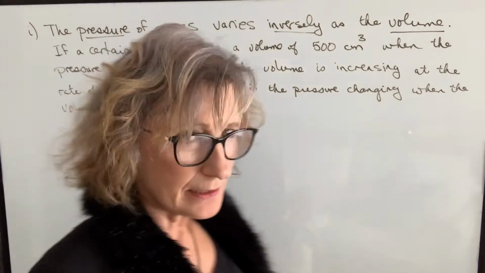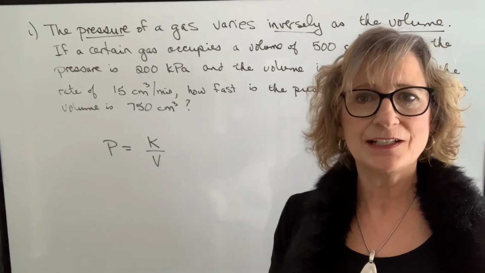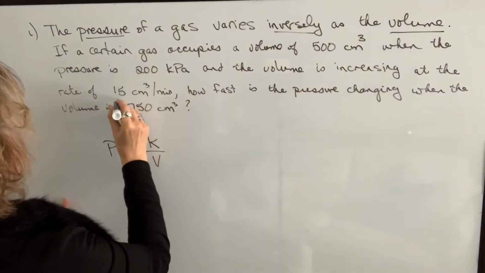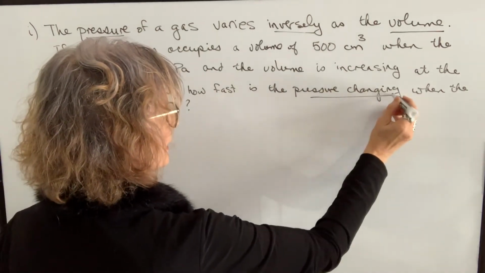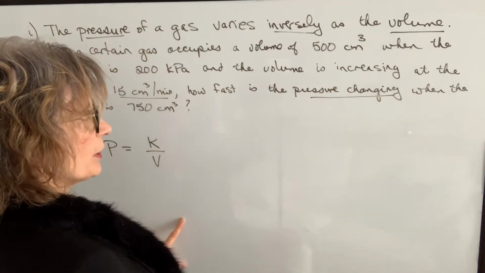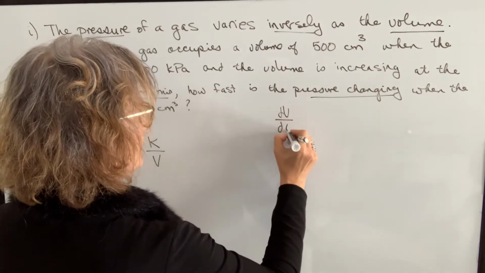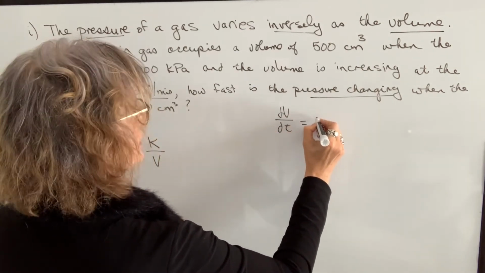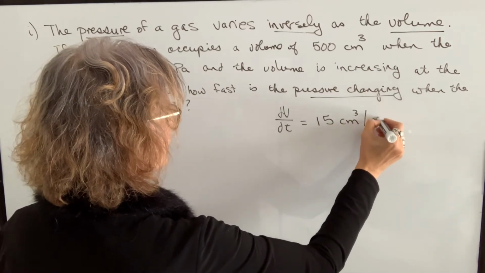So let's determine our rates of change, what we know, what we need to find, and any other values. So we're told this rate of change and we're asked to find how fast the pressure is changing. So we know dV/dt is increasing, so it's a positive 15 cubic centimeters per minute.